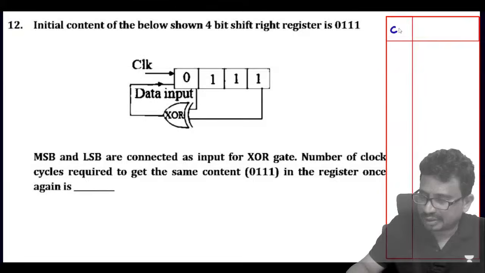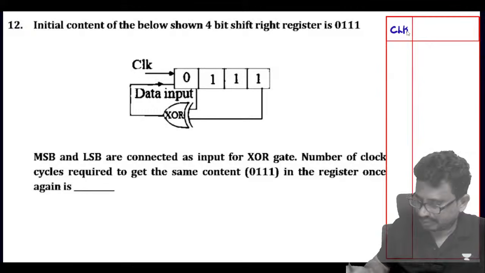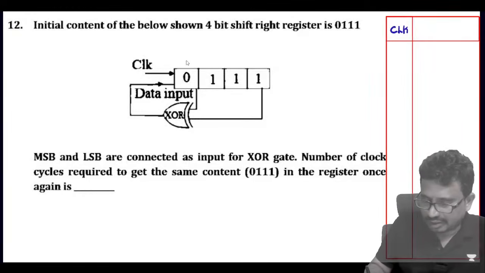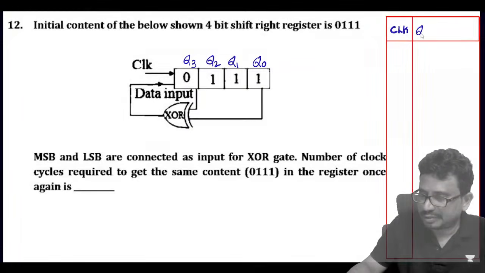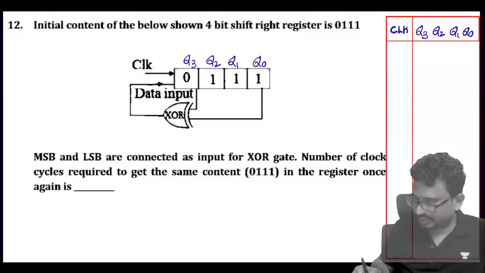So here this is the clock. If I call these Q3, Q2, Q1, and that is Q0.